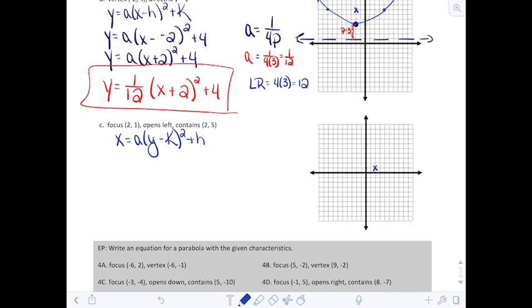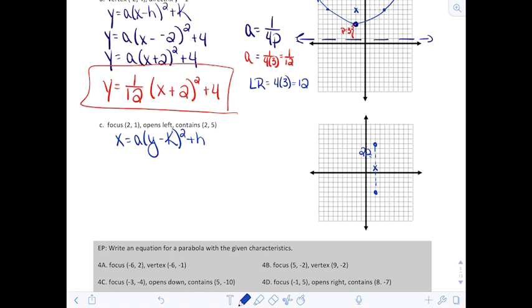And it contains the point 2, 5. 1, 2, 3, 4, 5. Now you notice if it opens to the left, this is right in line with the focus. So I know that 5 is halfway. I'm going to go 1, 2, 3, 4, 5 down. So these right here are each 2p.